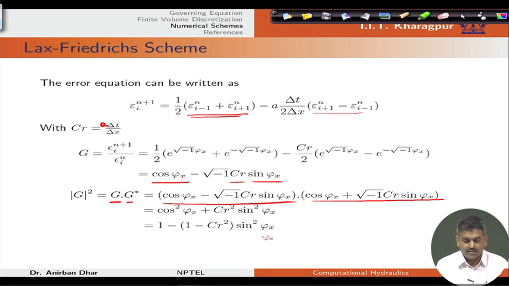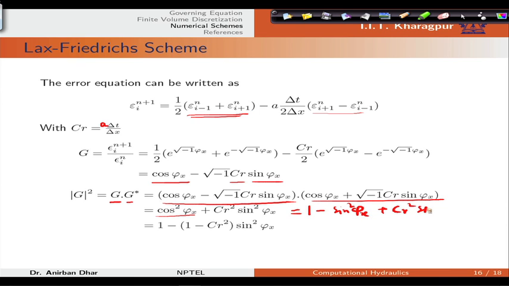So, in this case we are getting cos square phi plus CR square sin square phi. So, we can rewrite this as 1 minus sin square phi x plus CR square sin square phi x, and if we rewrite this, the scheme is stable if CR is less than 1.